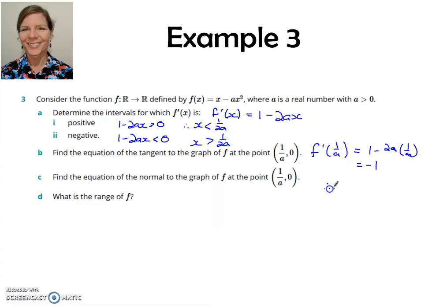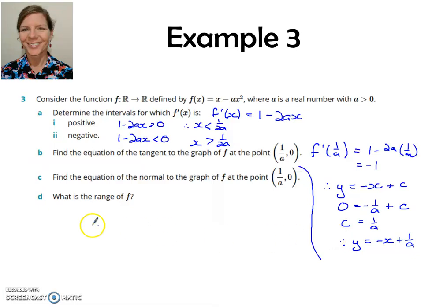Therefore we've got y equals minus x plus c, and substituting in, 0 equals minus 1 on a plus c, and therefore c must be 1 on a. So y is going to be minus x plus 1 on a. This is for part B.